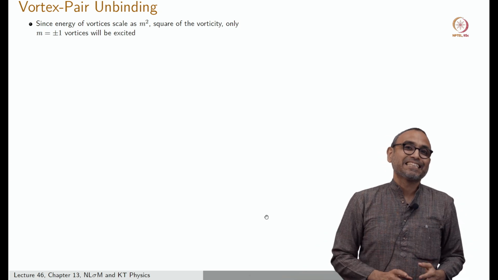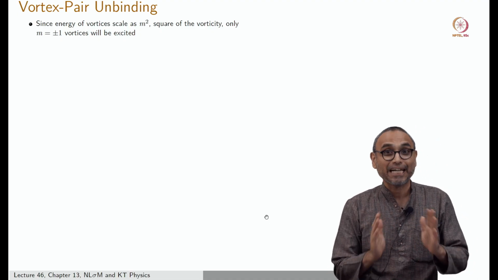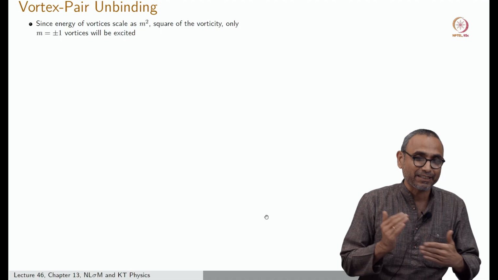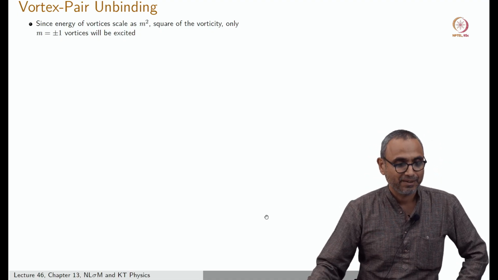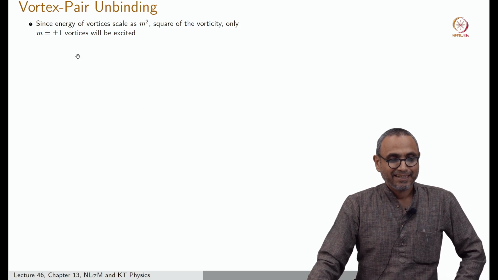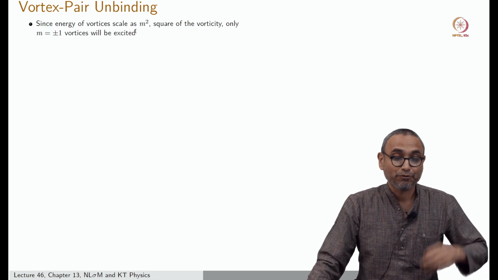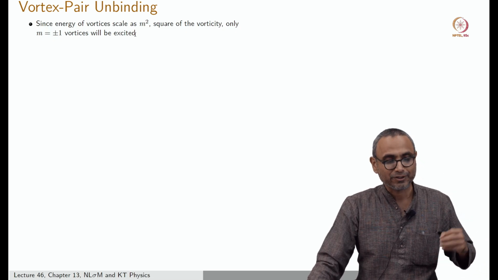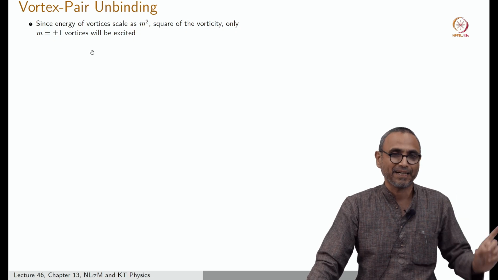So the idea is the notion of vortex pair unbinding. Let me try to explain to you the qualitative physics of what they thought could be happening to drive this transition. Since the energy of the vortices scales as m squared, the first argument you will use is to say that I will be only worried about m equal to plus or minus 1 vortices. We already made this point before.